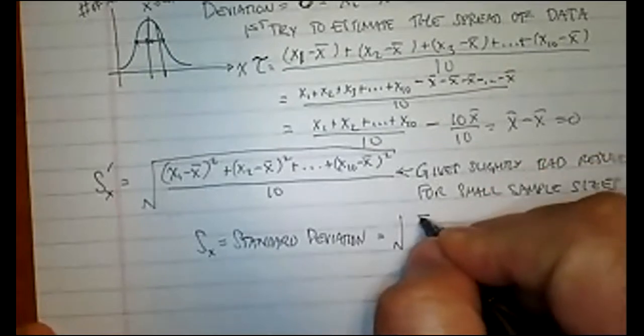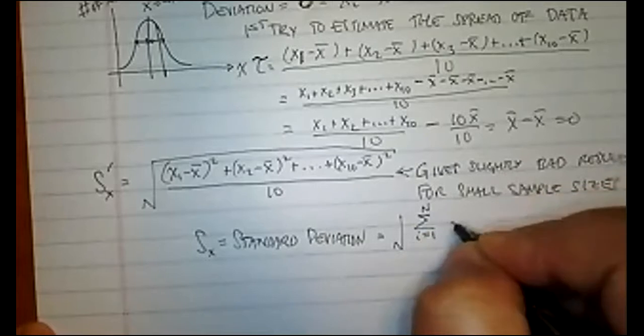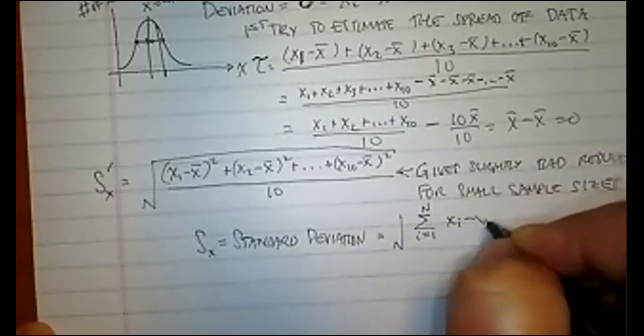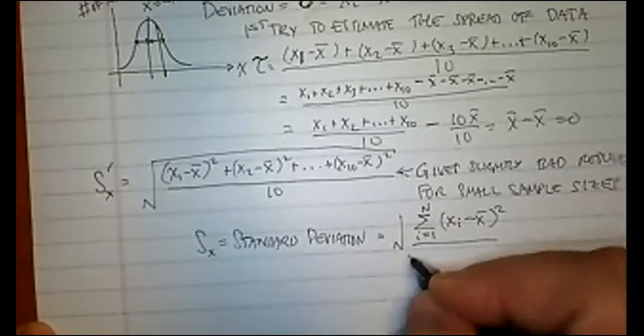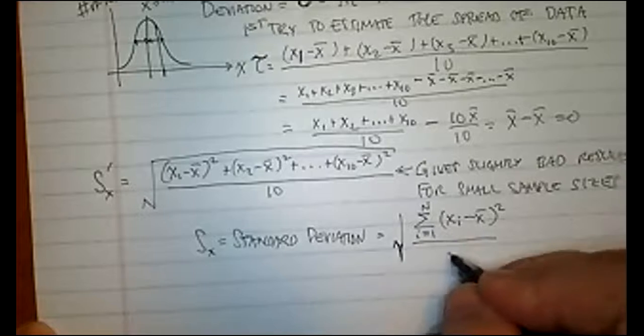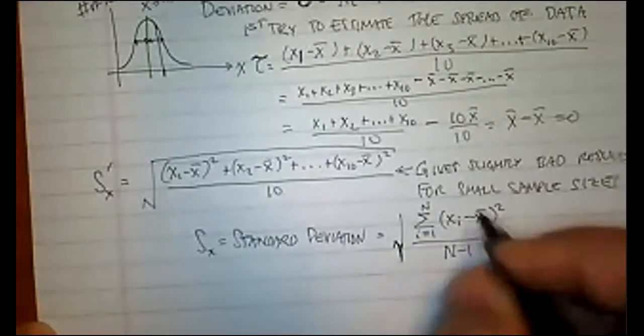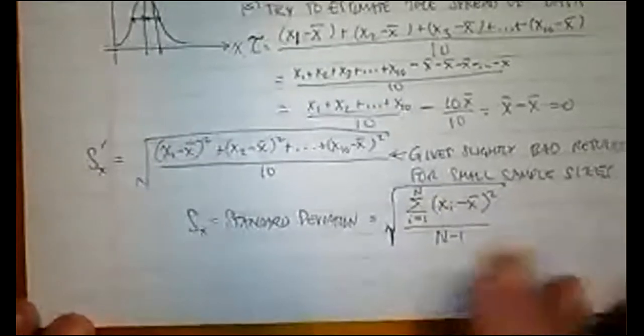It's actually the square root of the summation from i equals 1 to n of x sub i minus x bar squared, and notice the square root covers the denominator too, not over n, but over n minus 1. So that really is the standard deviation that we use. Okay. What's the use of that?